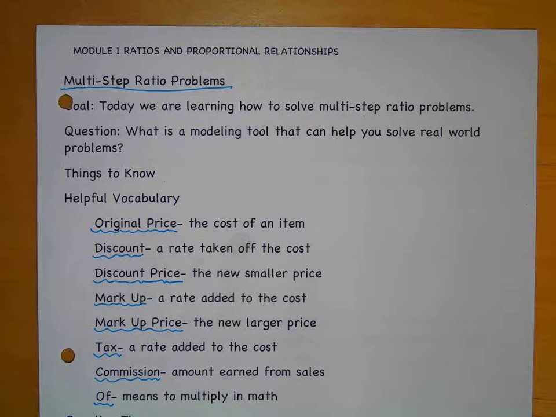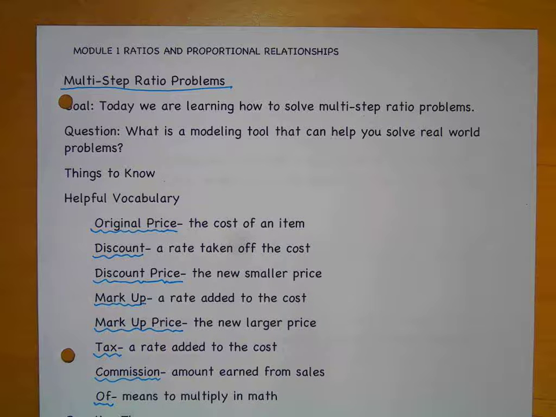Okay? Markup is a rate added to the cost. So they take the cost of the item and they mark up the price by a certain amount. Basically they're saying, okay, I as a store owner have to make money, so I'm going to take what it cost me to buy it and then mark it up so it costs more for the person to buy it so that I can actually make a profit.